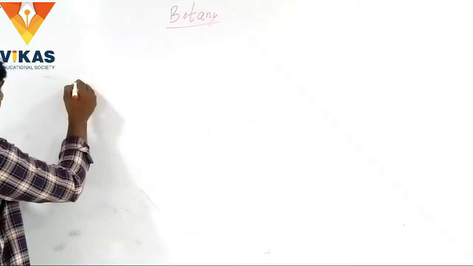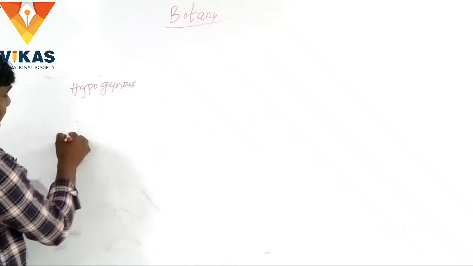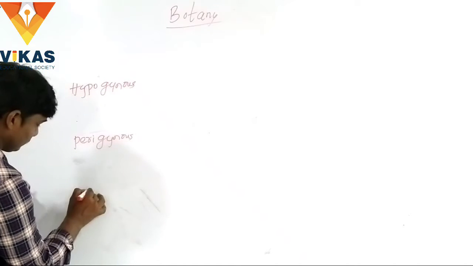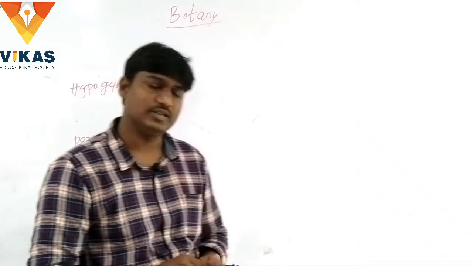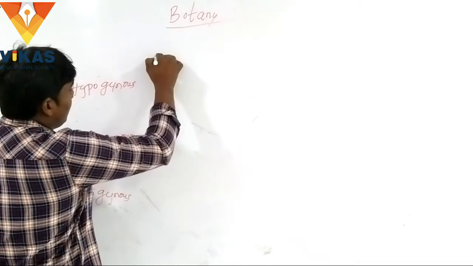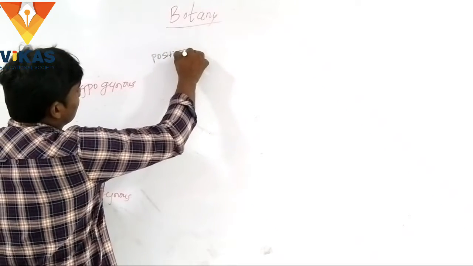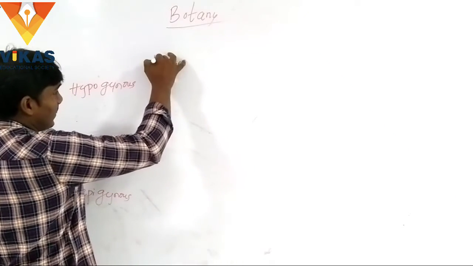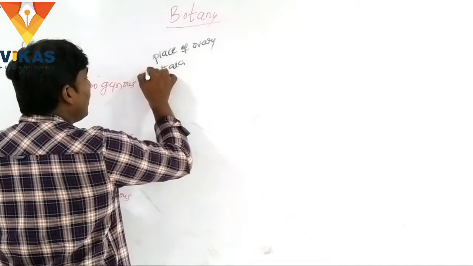First one, hypogynous; perigynous; epigynous. And here, the position of the ovary, the place of the ovary on the thalamus.